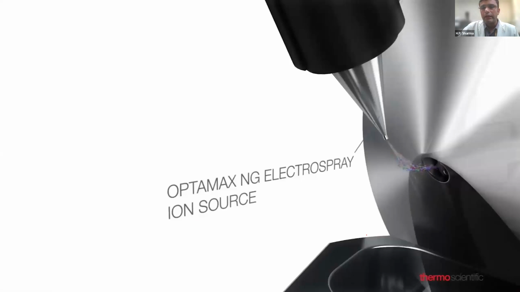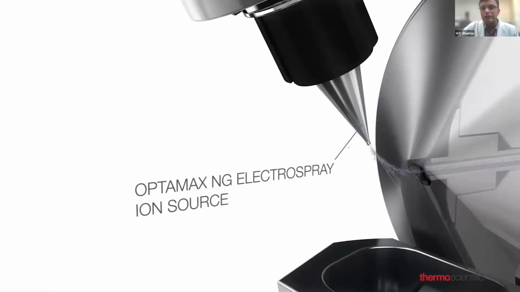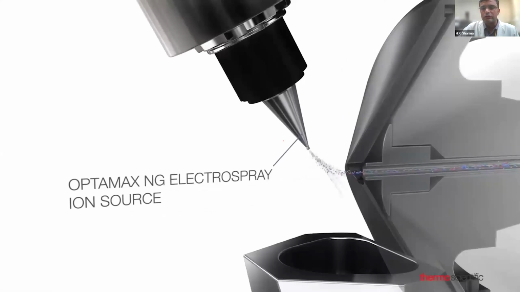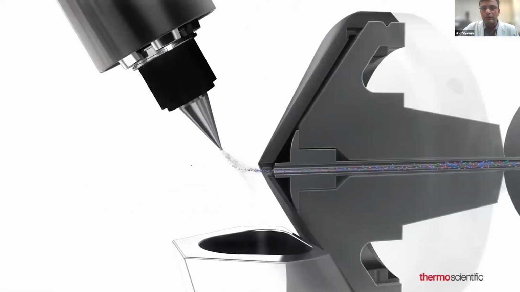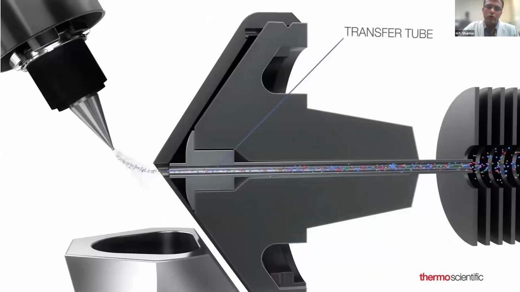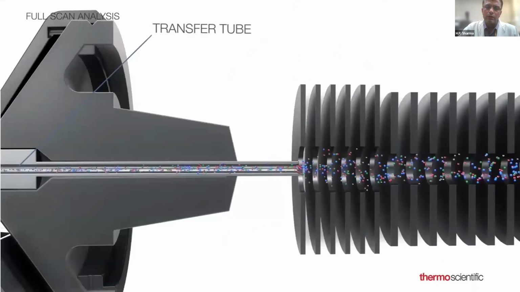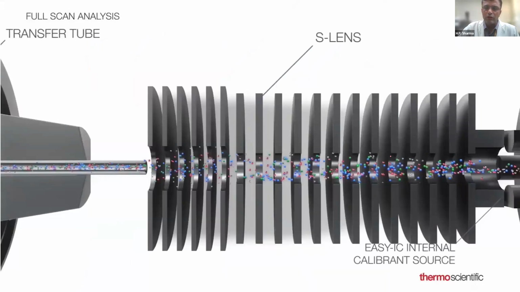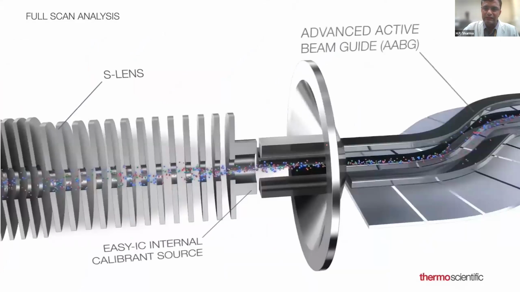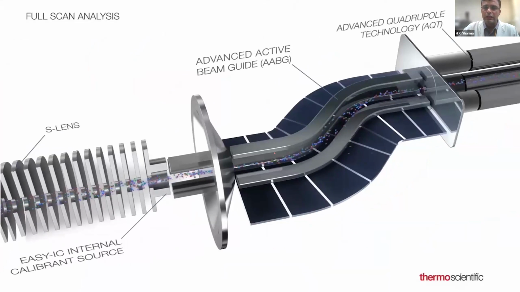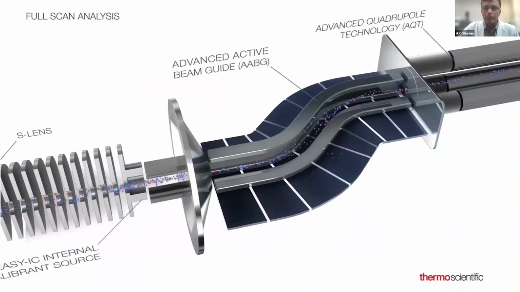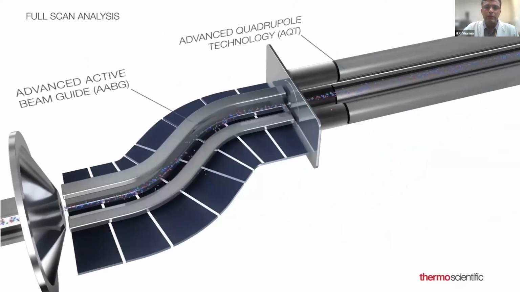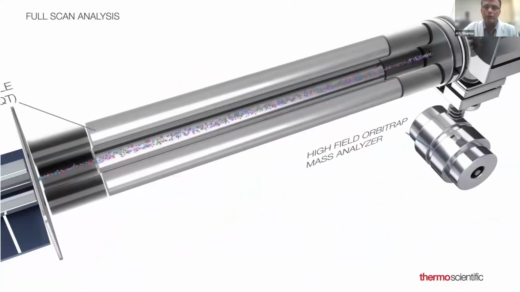As I told you regarding the electrospray ionization, which you can see over here, this electrospray ionization is generating the ions, but there could be some particles which may not be charged. Because of this S-shaped structure, the molecules which are not charged will be gone over here.